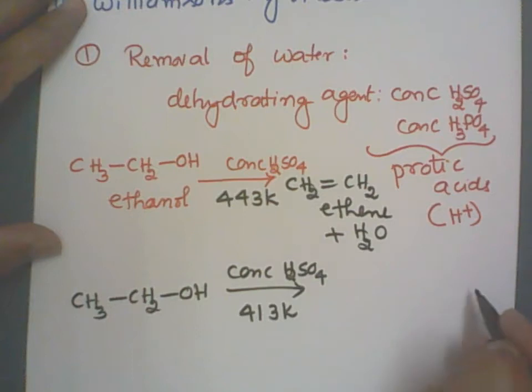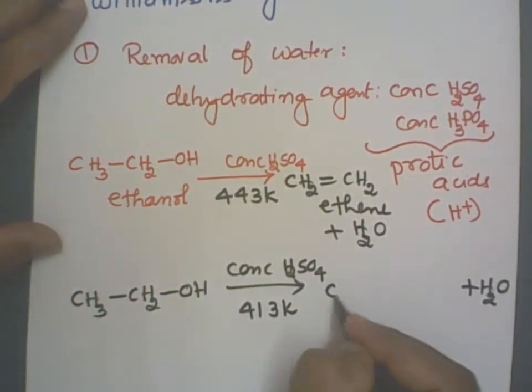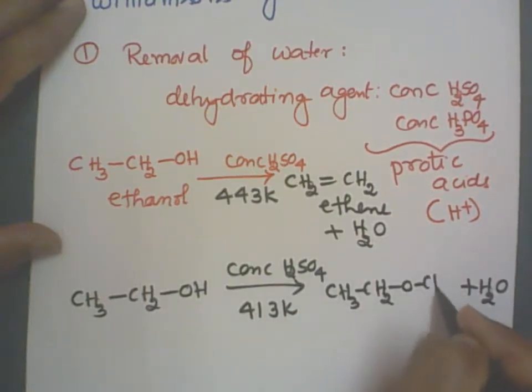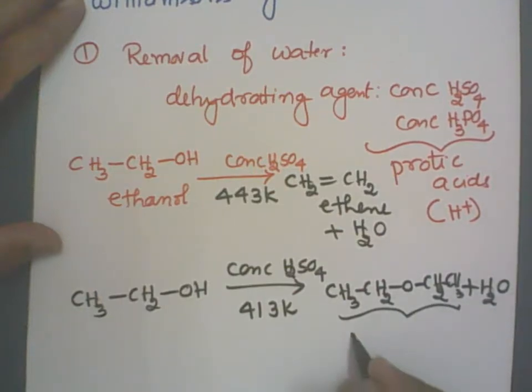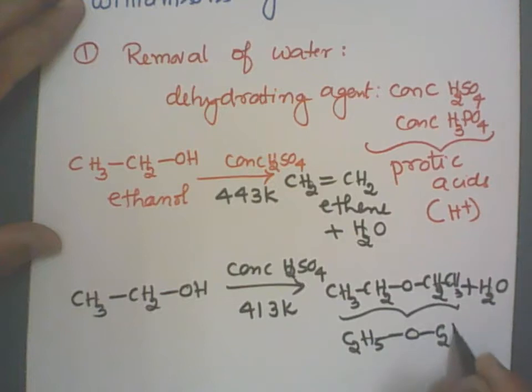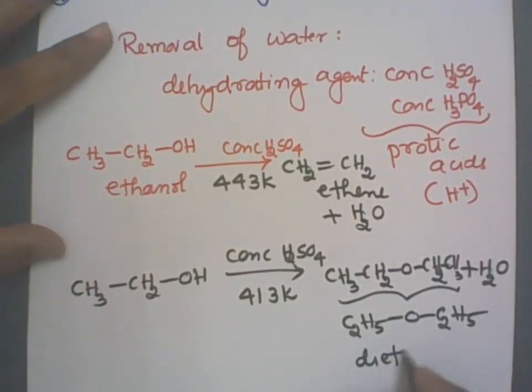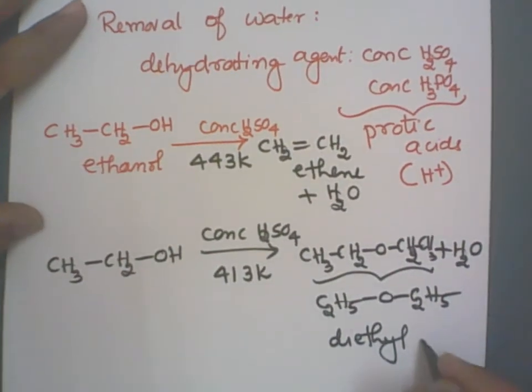Now what will happen? Here also water is lost, and we get the product CH3CH2OCH2CH3. This can be written as C2H5, this alkyl group attached to the oxygen and then C2H5. And this is known as diethyl ether.